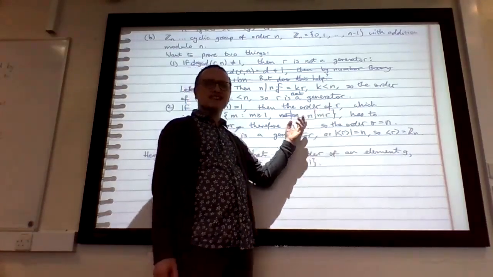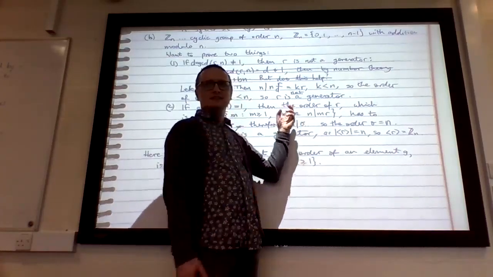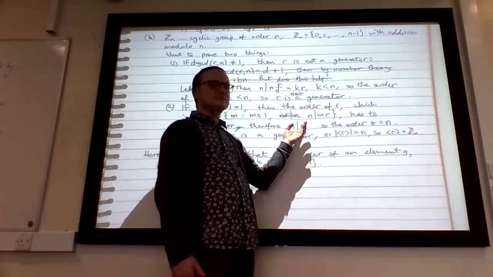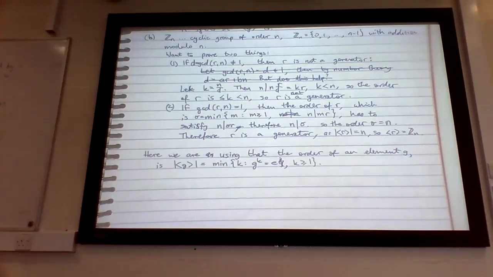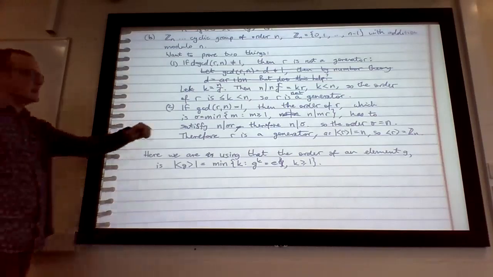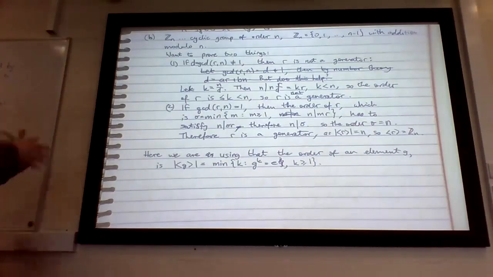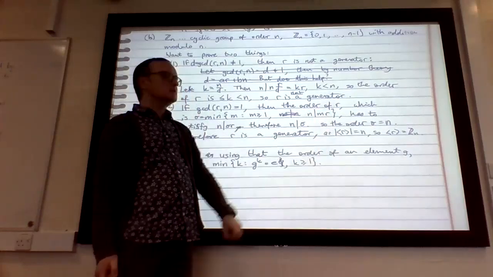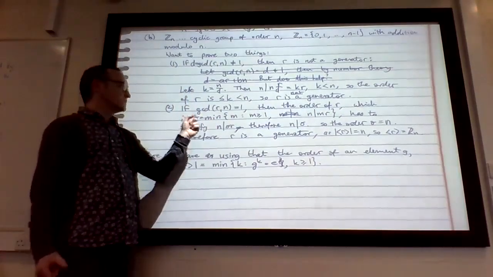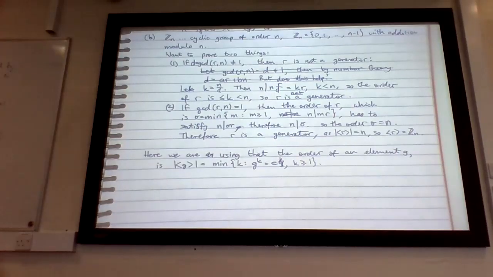So the order is less than or equal to n, and here n is less than or equal to the order. Therefore, the order is equal to n. Trivially, n does divide n times r, so n is one of the elements in the set, so the order is less than or equal to n. And with those two, you can claim that the order equals n.